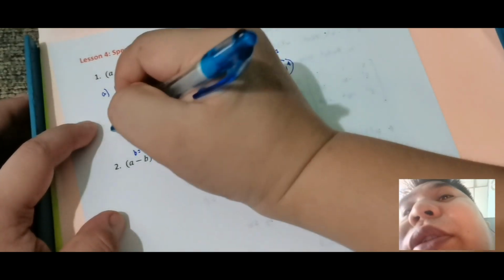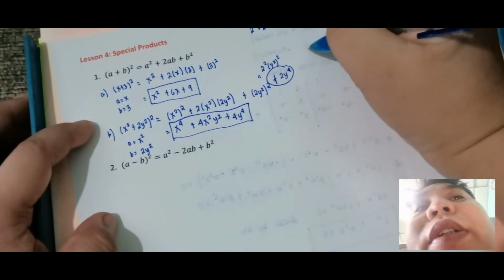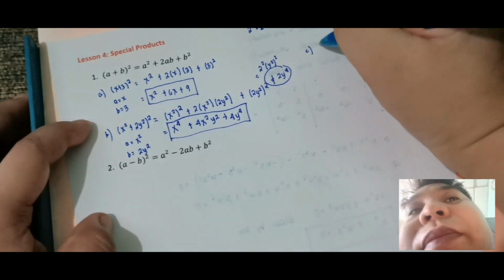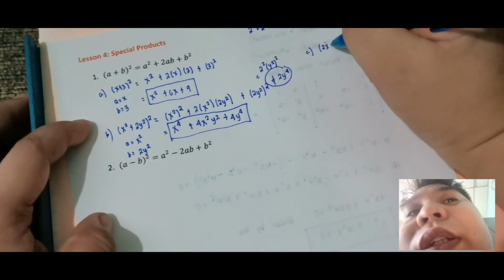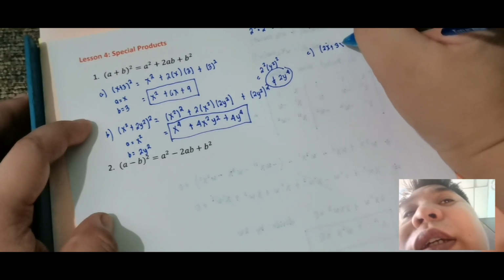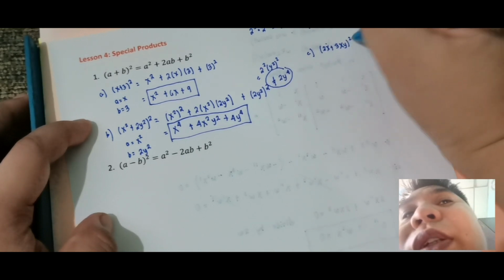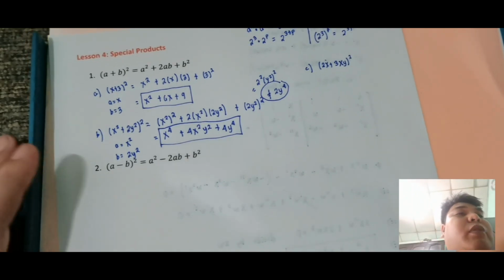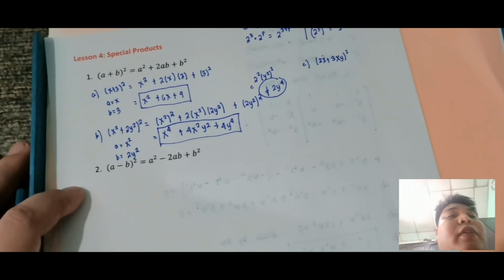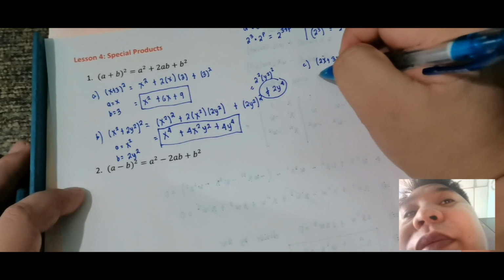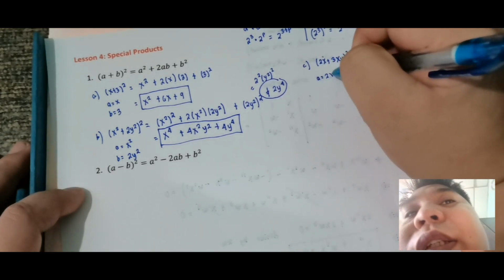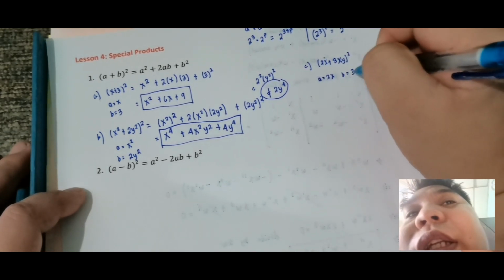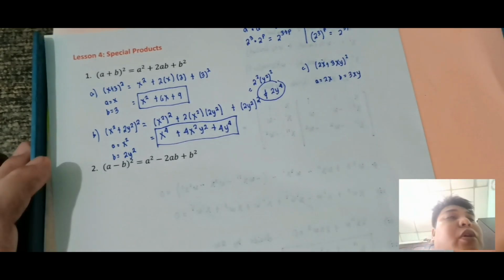So letter C, ito letter B. For letter C, let's have 2x plus 3xy squared. Pinapakita ko na yung mga possible na pwede mangyari. Again, dito ano ulit yung A? Ang A natin dito is 2x. Ang B natin dito is 3xy. Formula ko lang yan, ha.